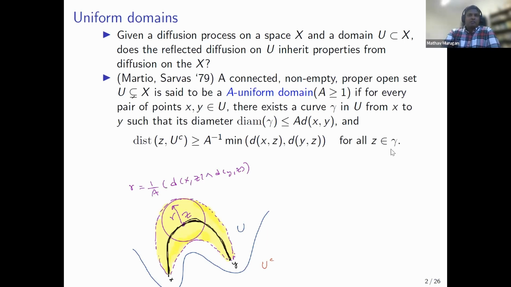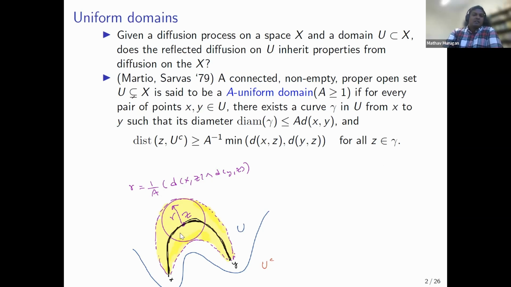First of all, a domain is a connected non-empty proper open subset, and it's said to be a uniform domain with a parameter A that quantifies how uniform it is, if for any pair of points X and Y in U, there exists a curve that connects X and Y such that the diameter is at most a constant A times the distance between X and Y, and the distance between any point Z on the curve to the boundary is at least the minimum distance between Z and the endpoints times some constant, A inverse.